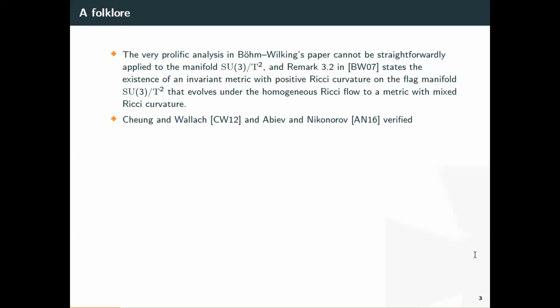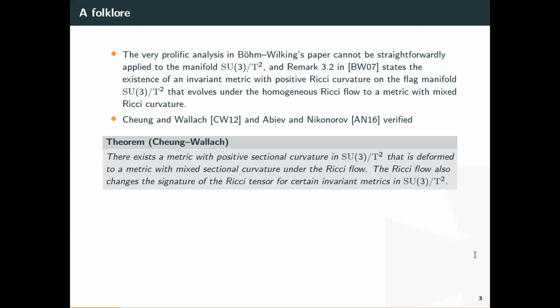Sometime later, because this paper of Böhm and Wilking, if I'm not mistaken, is from 2007, Zhang and Wallach were also working with different aspects of homogeneous heat flows for some flag manifolds, and they proved this assertion of Böhm and Wilking. But later Abiev and Nikonov, aiming at different results as well, recovered the statement, but also promoted some improvement to it.